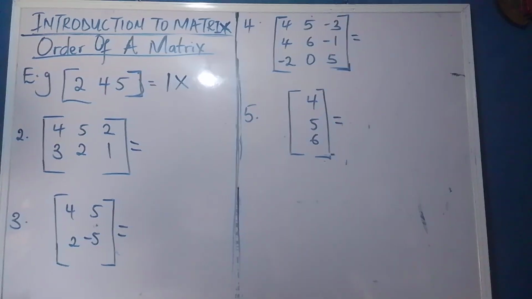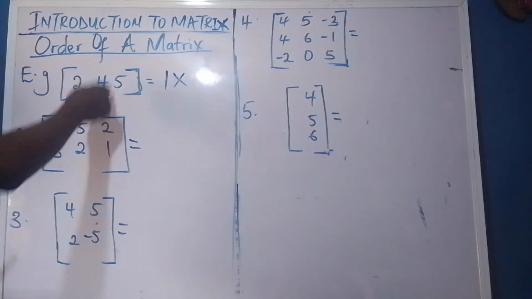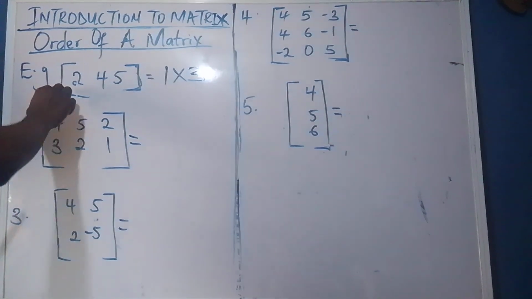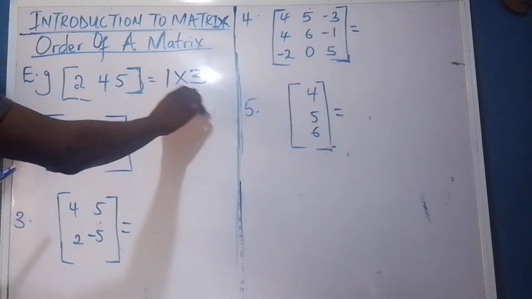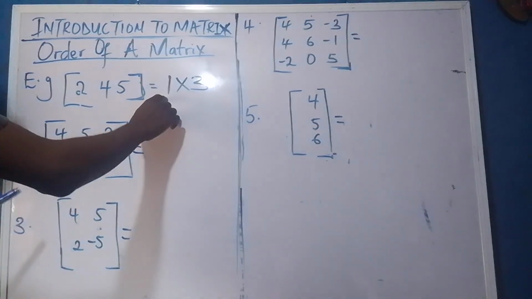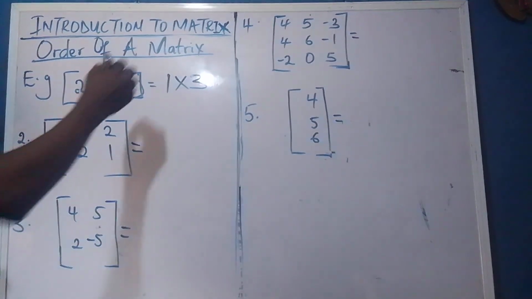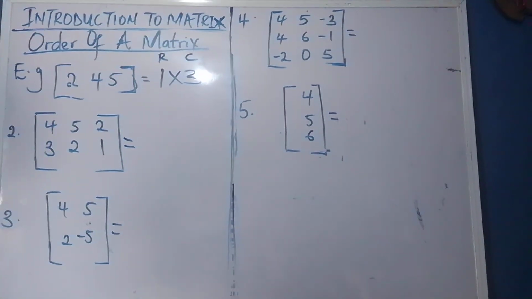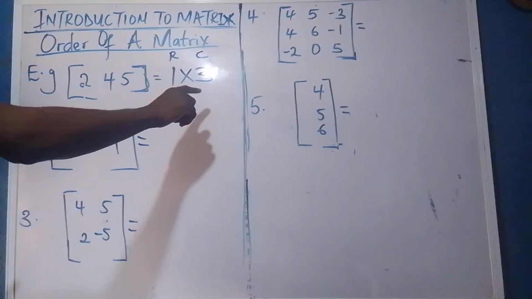Then the columns: 1, 2, 3, so 3. So the order of this matrix is a 1 by 3 matrix. That is the row and the column. You understand? So this one represents the row, which is 1.